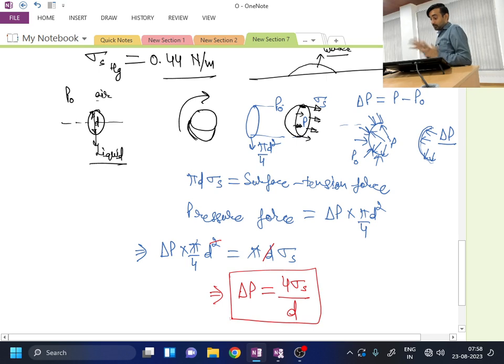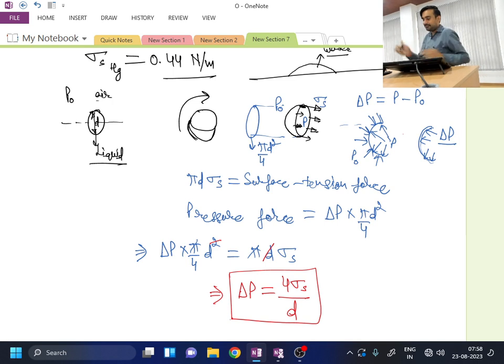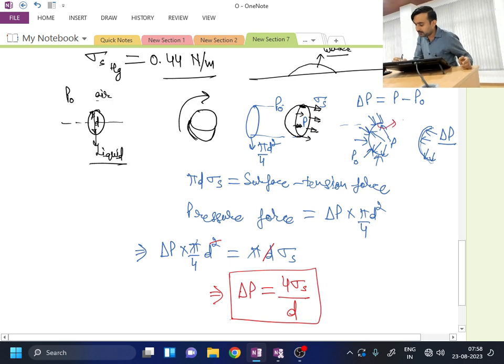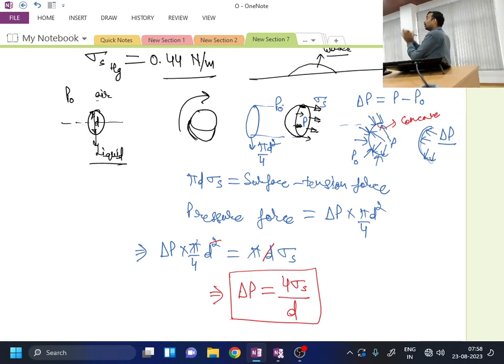Okay, so one important point from here is that the pressure in the interior of the drop is greater in comparison to the pressure on the outside. If you see, the interior surface of the drop is making a concave shape. So we can say that pressure on the concave side of the interface is always greater than the convex side. Is this one clear?